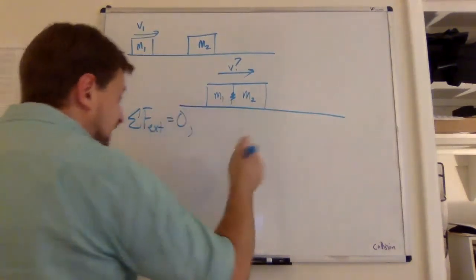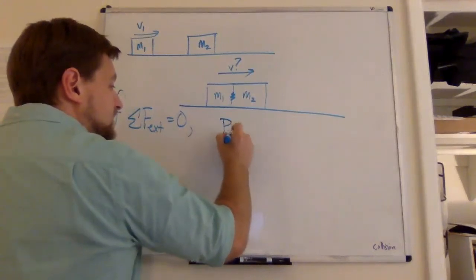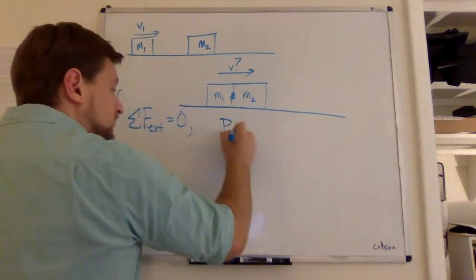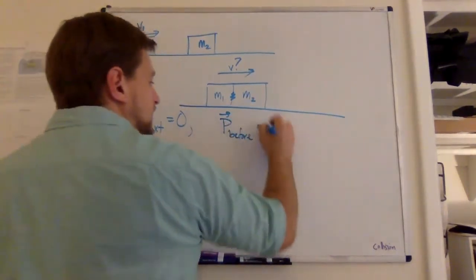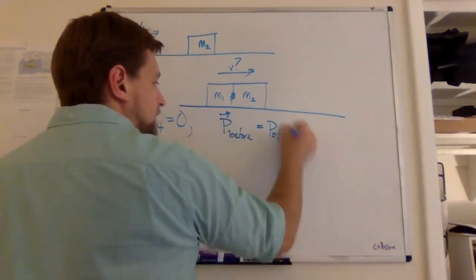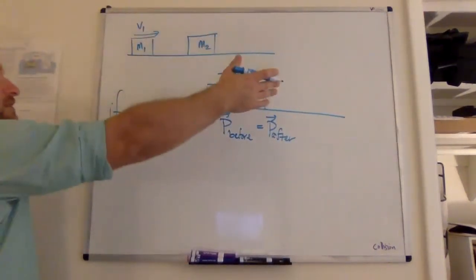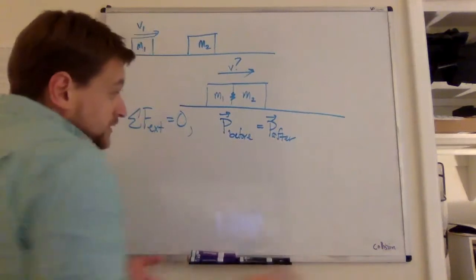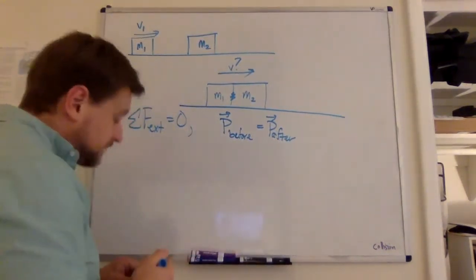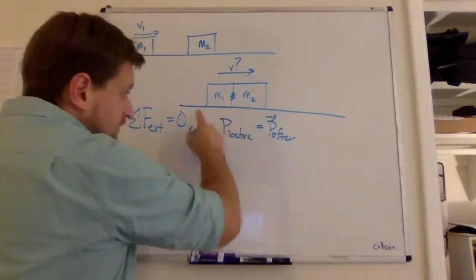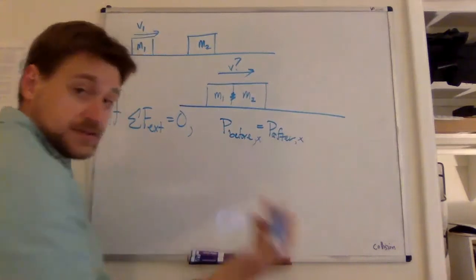So here we are again with momentum conservation. The momentum beforehand needs to equal the momentum after. And I keep writing it as a vector equation. This is a one-dimensional problem, but you can imagine thinking about 2 dimensions or 3 if you want. But for now, let's just talk about the x direction.